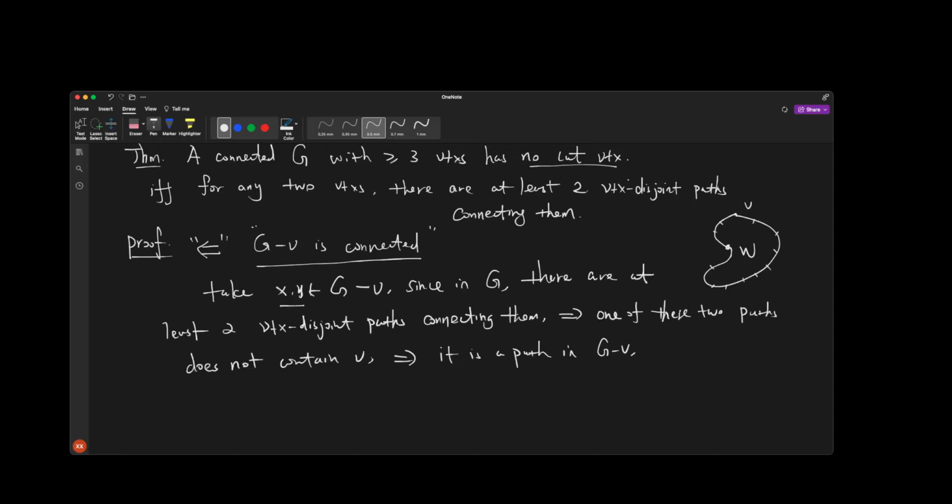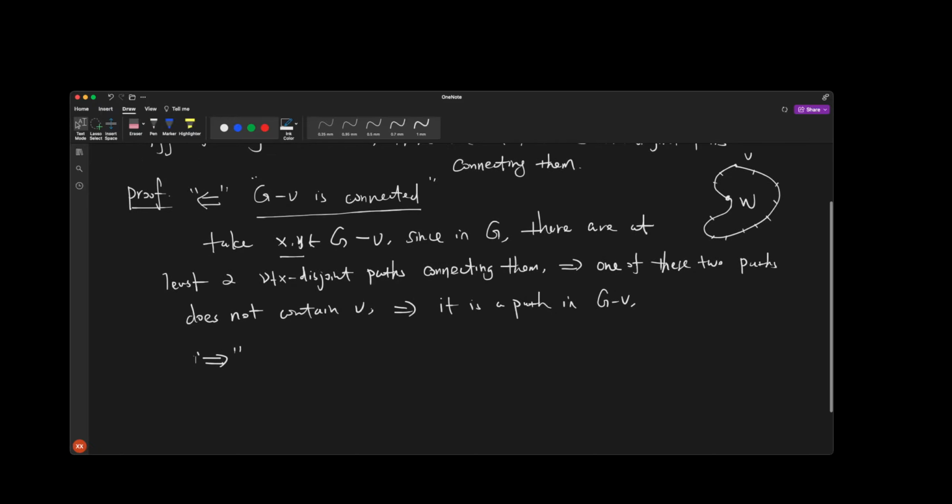So x and y are connected by some path in G minus V. Because we take x and y arbitrarily, G minus V is connected, right? So that's it. The other direction is a little more complicated.